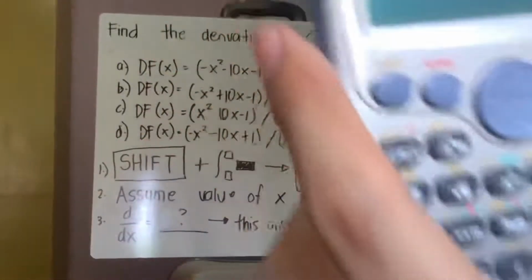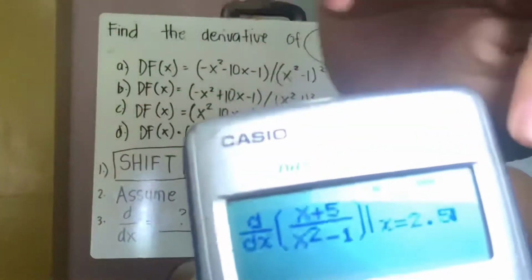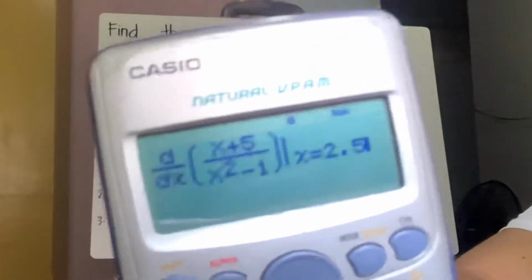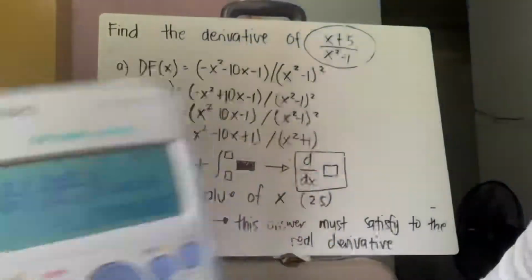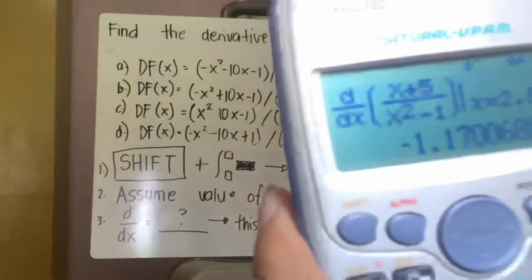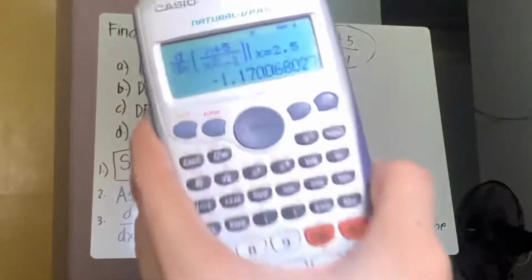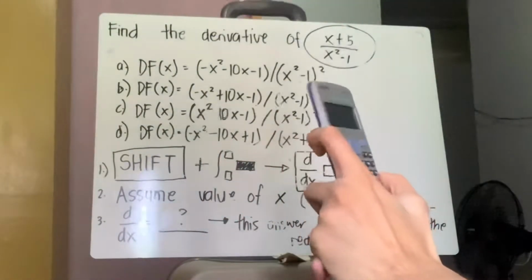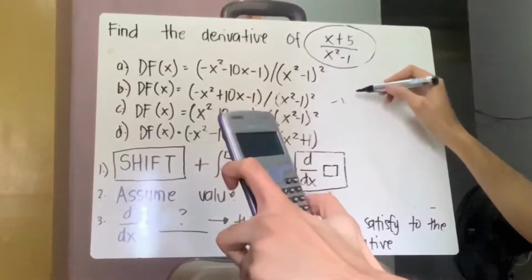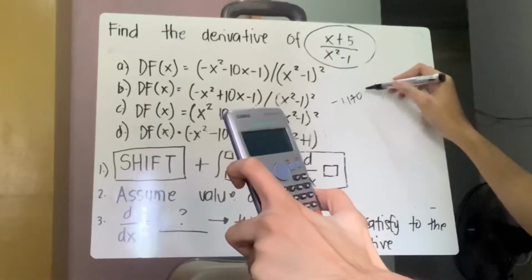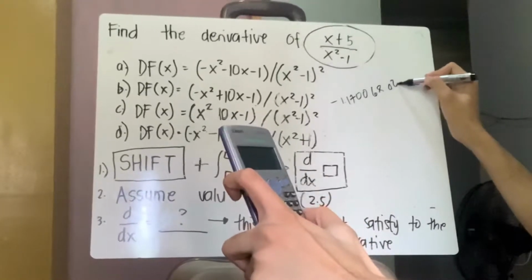So with this, d over dx, the given equation, and then my assumption 2.5, I have found out that my derivative is negative 1.17. So ino-note natin yan. Ang na-find out natin na derivative is negative 1.170068 27 and so on.